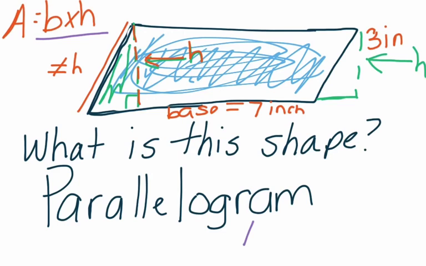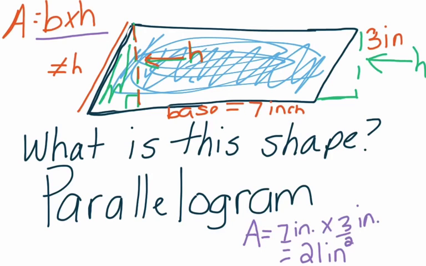So our area is going to equal 7 inches times 3 inches. All right, we don't have to multiply the units, we multiply the numbers. 7 times 3 equals what? 21. Now we're going to put the unit in, inches, and when you're finding area, you always square the answer. So it's going to be 21 inches squared.